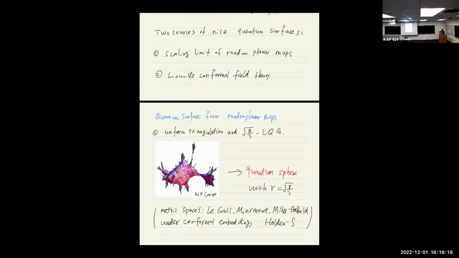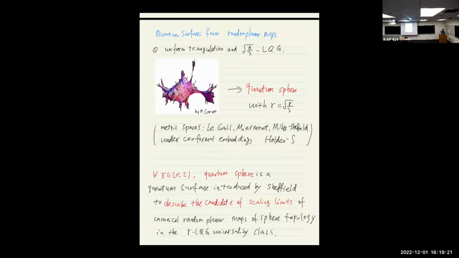Okay, so the first way is the quantum surfaces coming from random planar maps. The first example is I have a uniformly sampled triangulation, and the triangulation is very big. So there are many faces, and then you can view every triangle as an equilateral triangle. And then you define a random Riemannian manifold somehow.